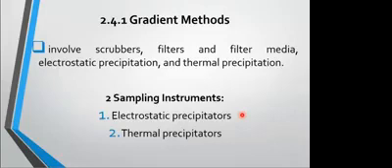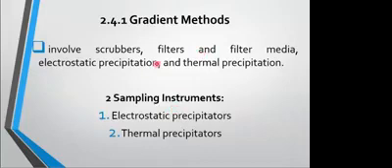So the filters and the filter media are two of the ideal instruments for sampling particulate matter because they meet a variety of specifications and can be used with relatively inexpensive equipment.